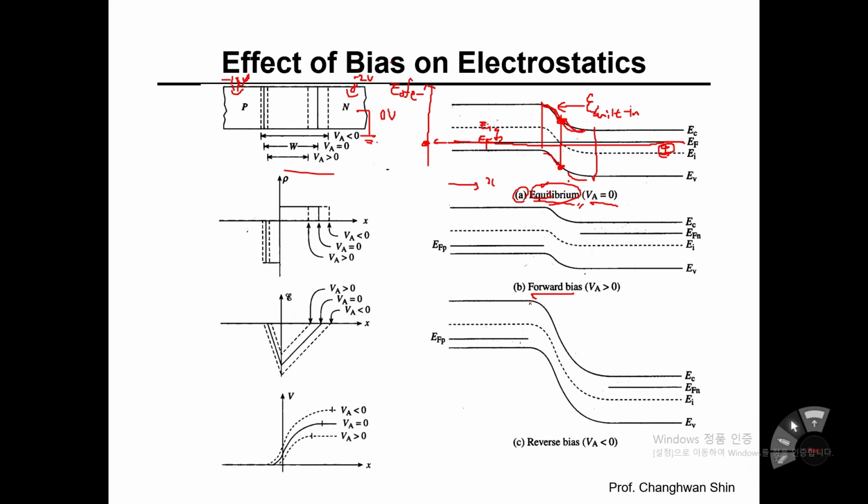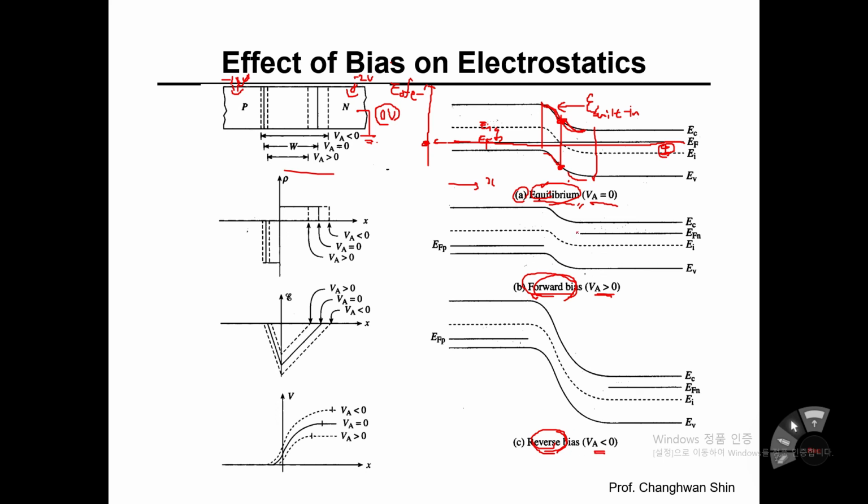Okay, so now we have reviewed the physical meaning of forward bias and reverse bias. Now the job that we have to do in this lecture note is how to draw the energy band diagram under forward bias and under reverse bias. Herein I'm going to use 0 volt as the reference voltage so that positive voltage indicates a forward bias and negative voltage indicates a reverse bias.